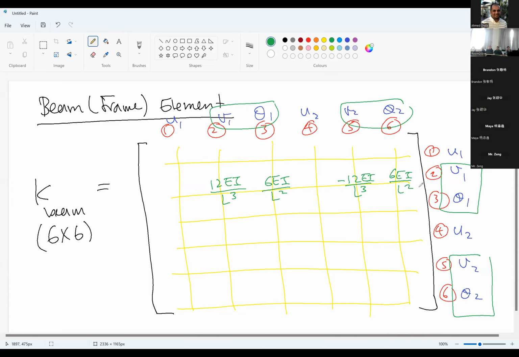Okay, and for theta 1, this one was 6EI by L square, 4EI by L, here 2EI by L, and here negative 6EI by L square. Okay, this one was the negative of row 1. So these are the values of it.